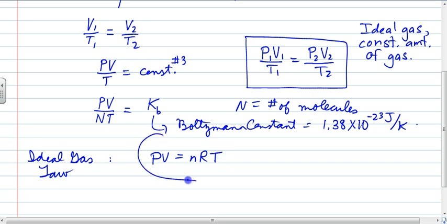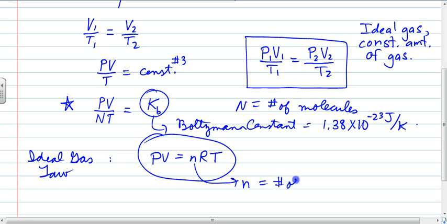And one thing that I want to point out is that there's a very simple relationship between R and Kb, the Boltzmann constant. And notice that in this equation I'm using a capital N for the number of molecules, but here I've got a lowercase n, which is the number of moles. Well, how are those related?